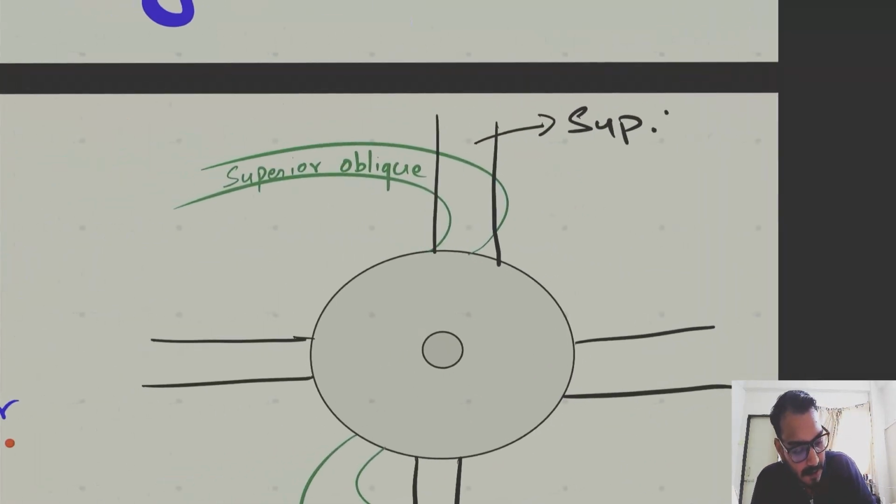Superior rectus and inferior rectus will be easy to find out.